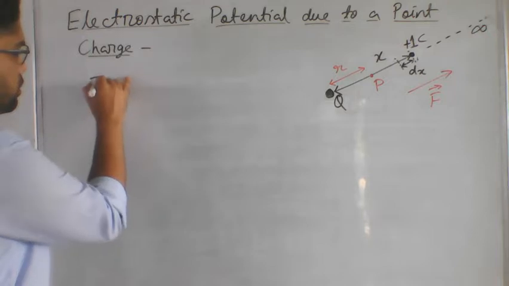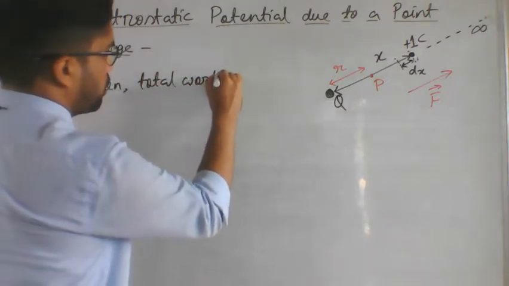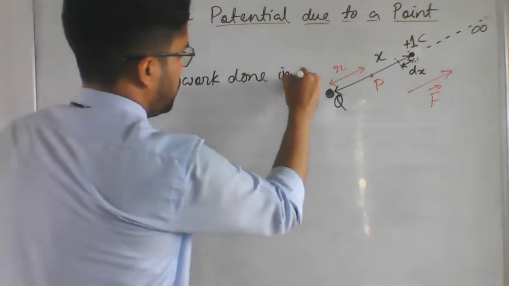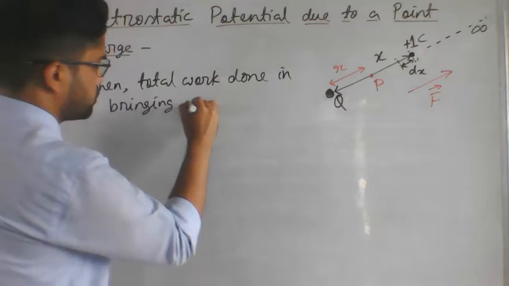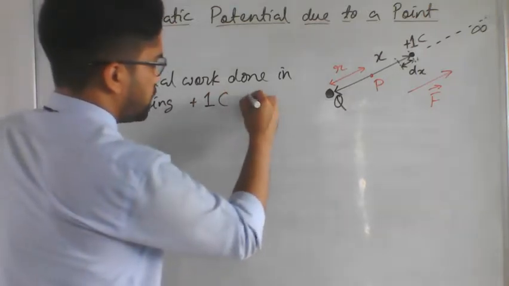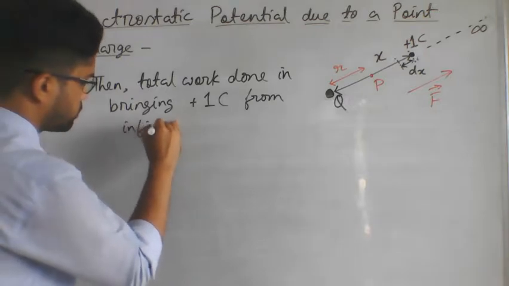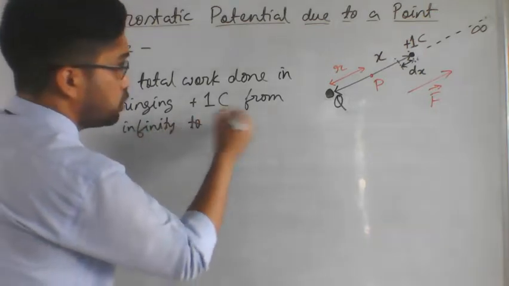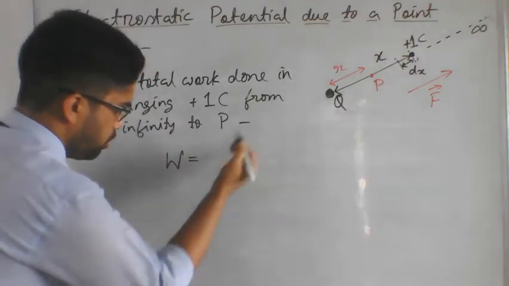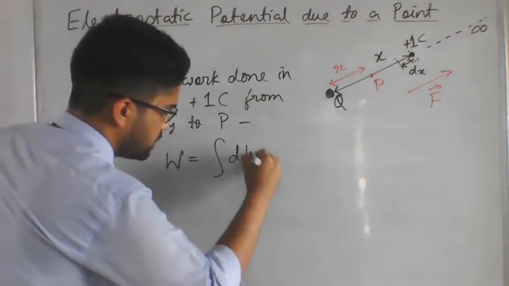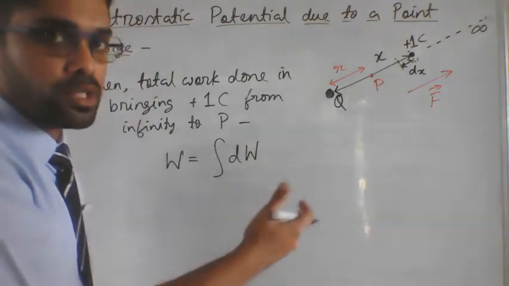So then, the total work done in bringing the unit positive charge from infinity to P. This total work done, W, we have to integrate all these small dw, we have to add them up through integration, because these are continuous values, they are not discrete.